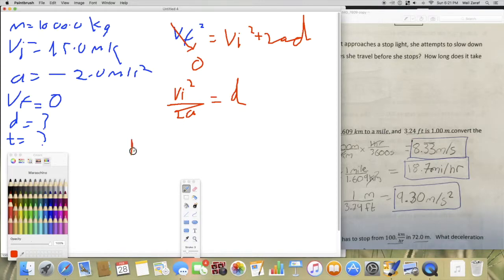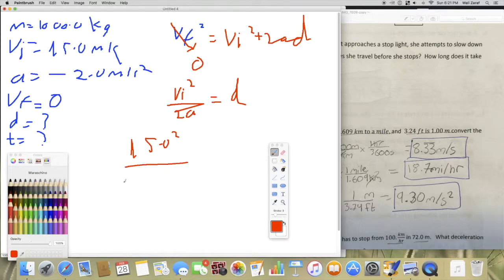So Vi, we said earlier, was 15.0 squared over 2 times negative 2.0. By the way, just so you know, there's a negative over here, but the negative won't actually make a difference here.